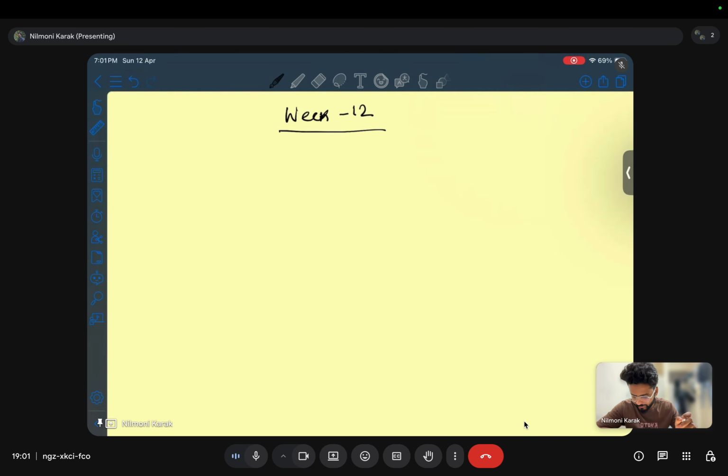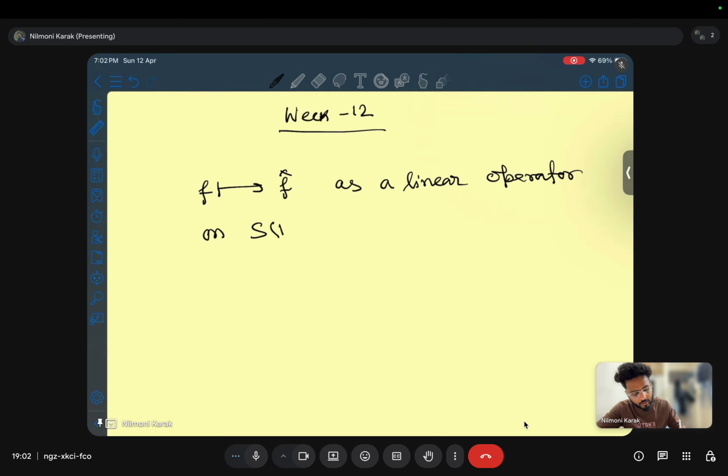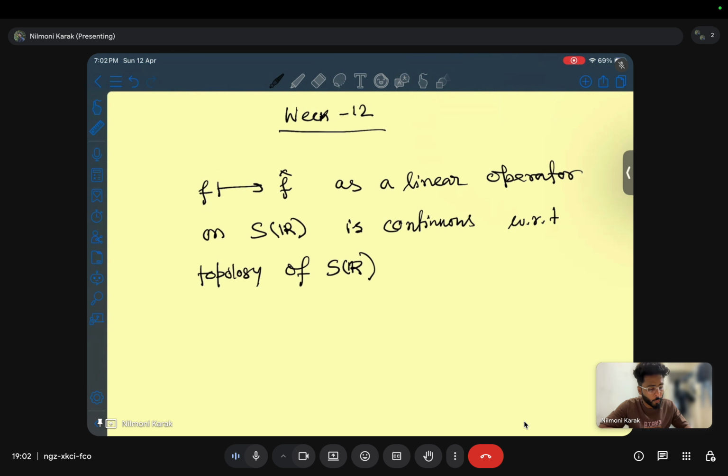One thing we have seen is that the Fourier transform is a linear operator on S(R), and it is also continuous with respect to the topology of S(R).